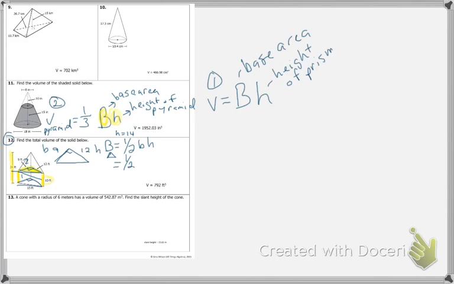So 1/2 times 9 times 12 equals 54. Yay. So big B here is 54.